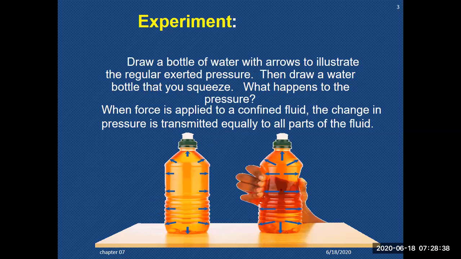You have already drawn arrows with the help of a marker. When force is applied to a confined liquid, the change in pressure is transmitted equally in all directions. You will see that on pressing and releasing the bottle, the water moves in all directions along the arrows. This shows that liquid pressure is exerted equally in all directions.